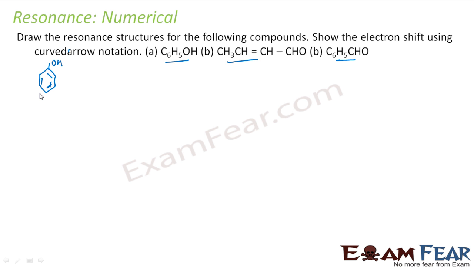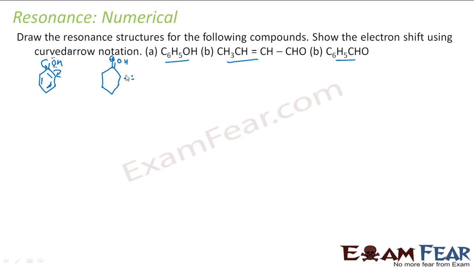Since OH is an electron giving group, as you see, with 4 electrons here, it will give electrons here. This carbon will not be able to hold some electrons, so it will break in this fashion. So what will the next structure be? The next structure will get a double bond here, OH with a positive charge because electron moved from here, and here you will get a negative charge with a lone pair of electrons.